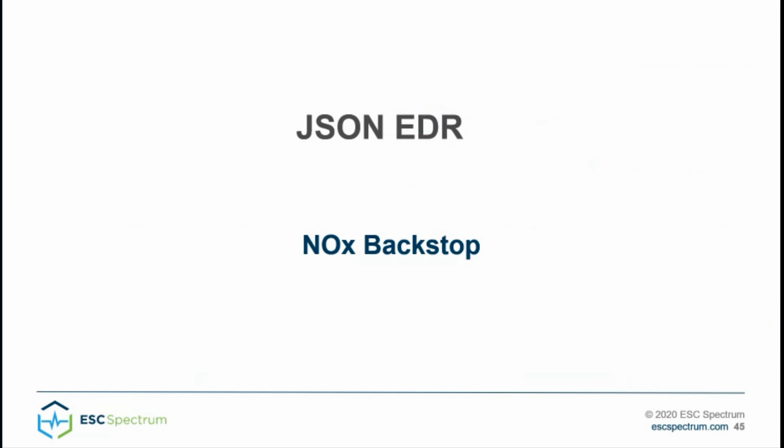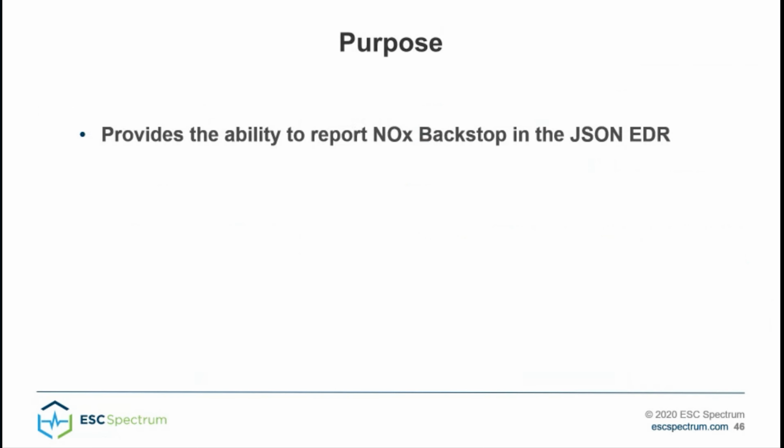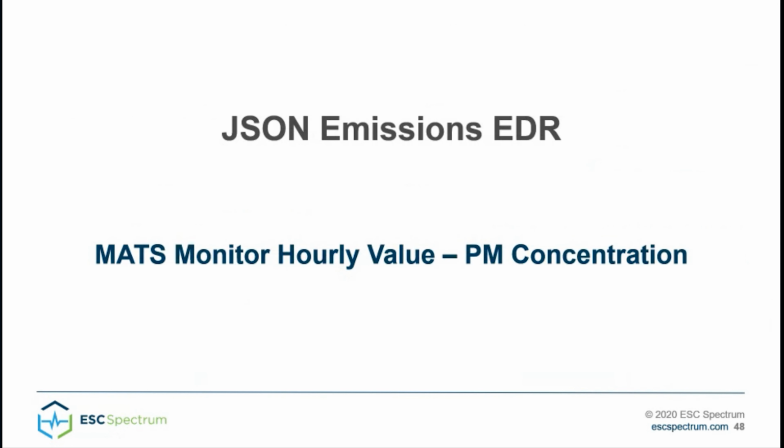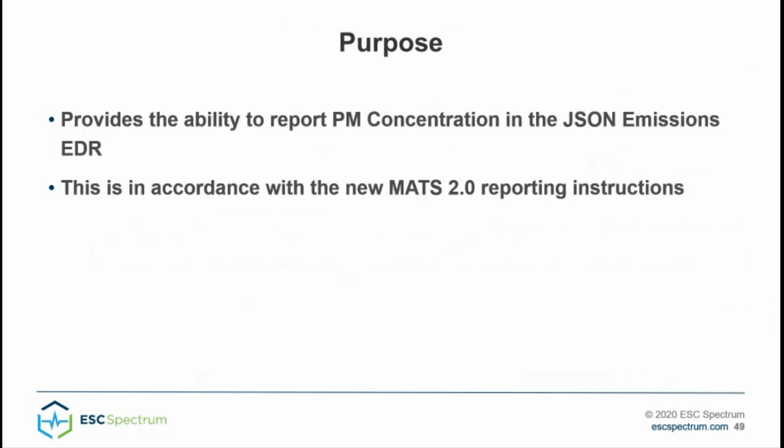NOx backstop we added to the JSON EDR as well. Not really much to say here, but it's added in 7.5. The MATS MHV PM concentration, so we added that to the JSON emissions EDR as well, which is again in accordance with the new MATS 2.0 reporting instructions.